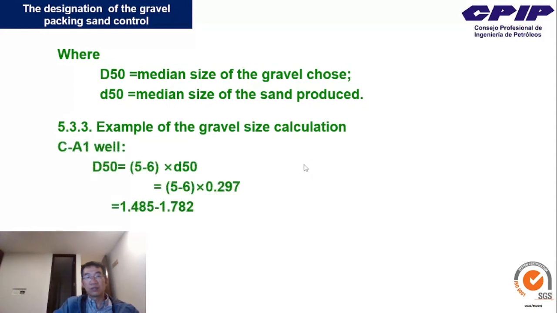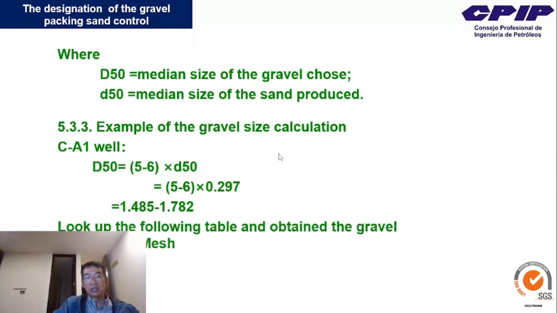The example of the gravel size calculation: we can take the example of CA1, where the big D50 is 5 to 6 multiplied by the small d50.